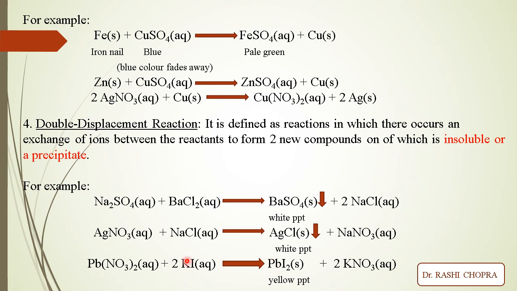The potassium ions displace the lead from lead nitrate, and the lead ions displace the potassium ions from potassium iodide, giving a yellow precipitate of lead iodide, while potassium nitrate remains in the solution.